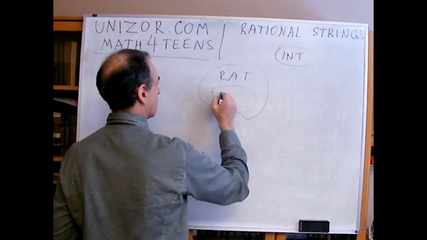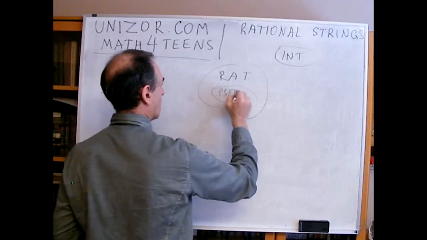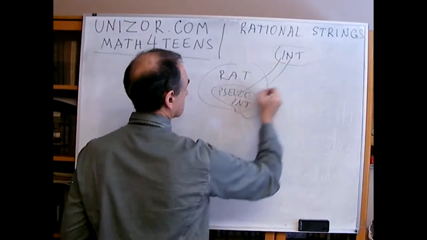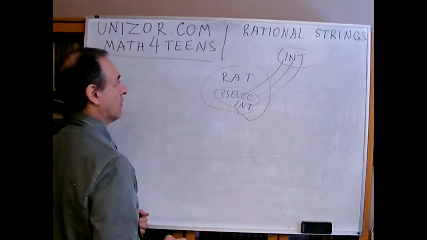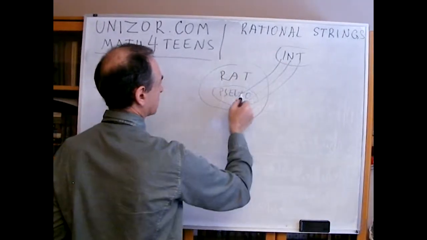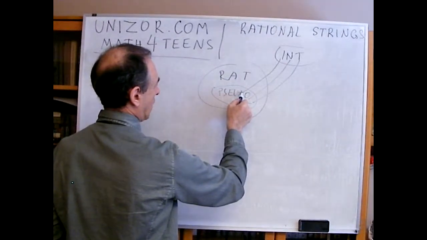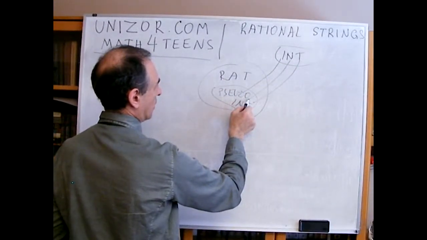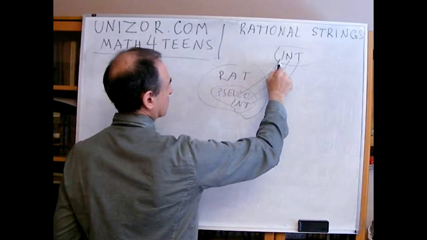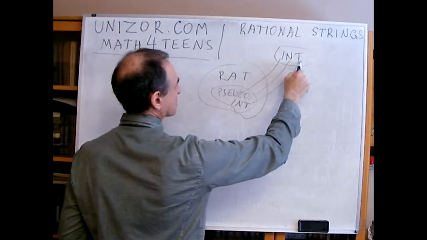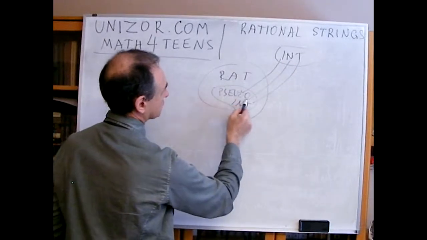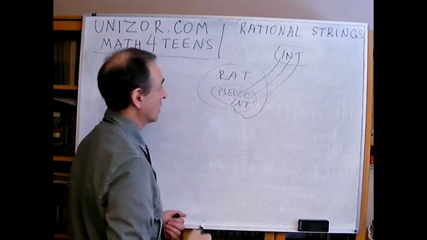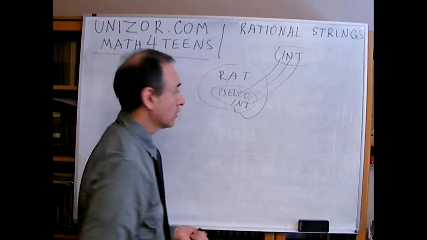This is a subset of pseudo-integer numbers, and I have to build the correspondence, but in such a way that if I have an image of one integer number as a pseudo-integer, and I have an image of another integer number as a pseudo-integer, then the result of the multiplication of these two integers should map into the result of the multiplication of their images, pseudo-integers. Otherwise, this correspondence is not really well defined.